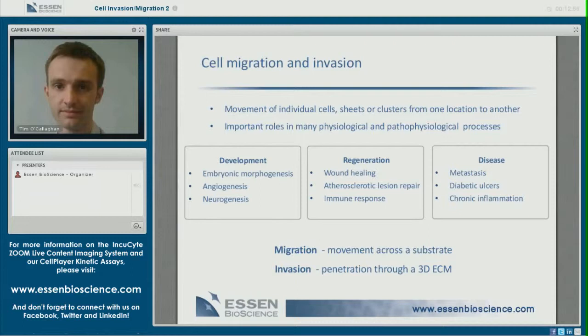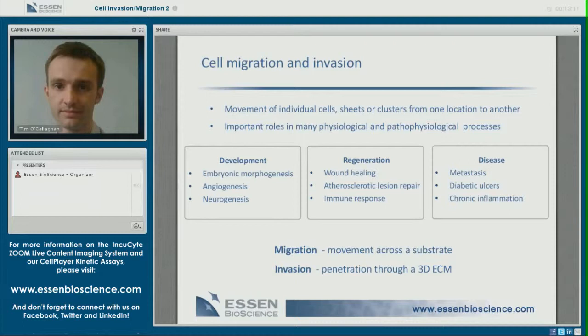In contrast, diabetic ulcers are characterized by the insufficient migration of cells into the wound area, resulting in a failure to epithelialize the wound and failure of wound closure.